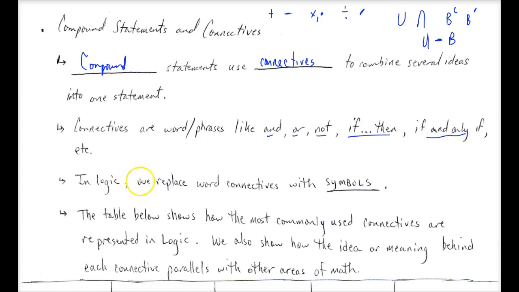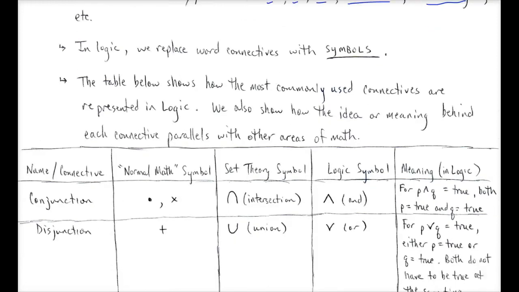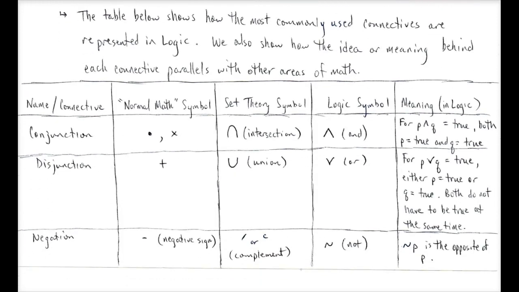And of course, we are going to take those word connectives and replace them with symbols. And so the table that I have here below, and I'll go ahead and scroll down and show it to you, is giving you a sense of what the 5 connectives are, as well as how they're related to set theory and normal mathematics or arithmetic type of mathematics.